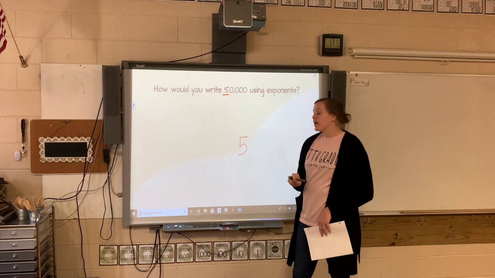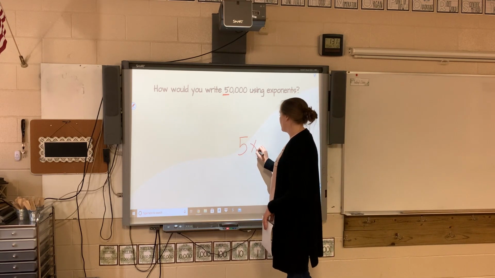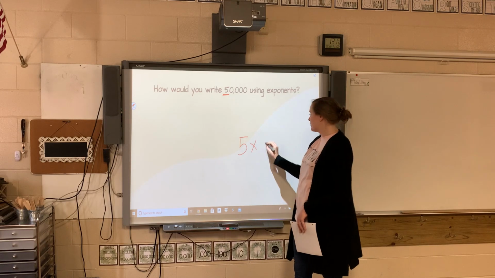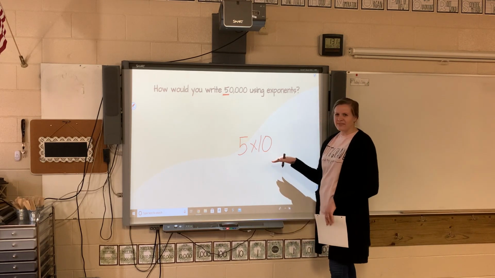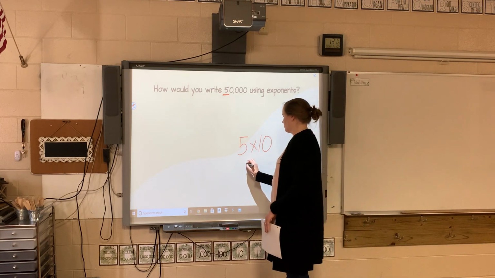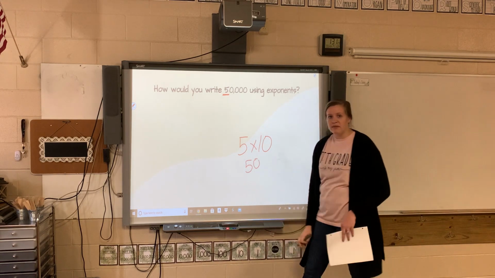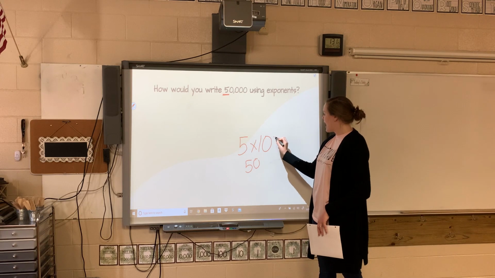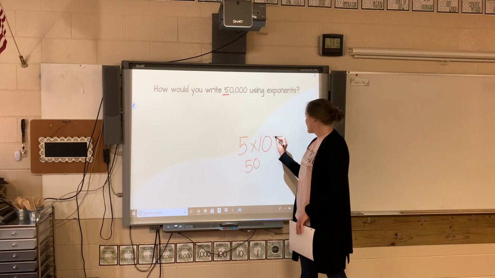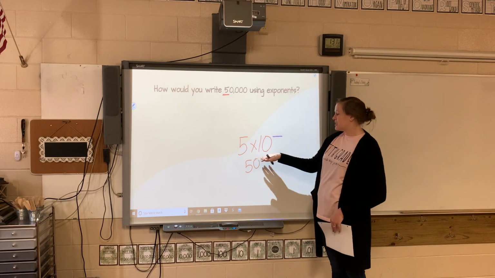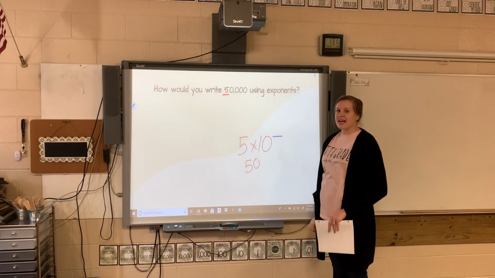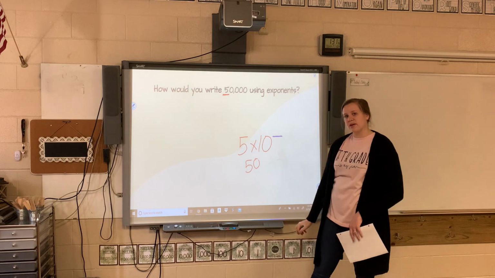Okay, we're going to multiply that by our base we've been using, 10. But what is 5 times 10? That's just 50, right? So I'm going to need to add an exponent right here to figure out how I can get from just 50 to 50,000. What do you think my exponent's going to have to be?